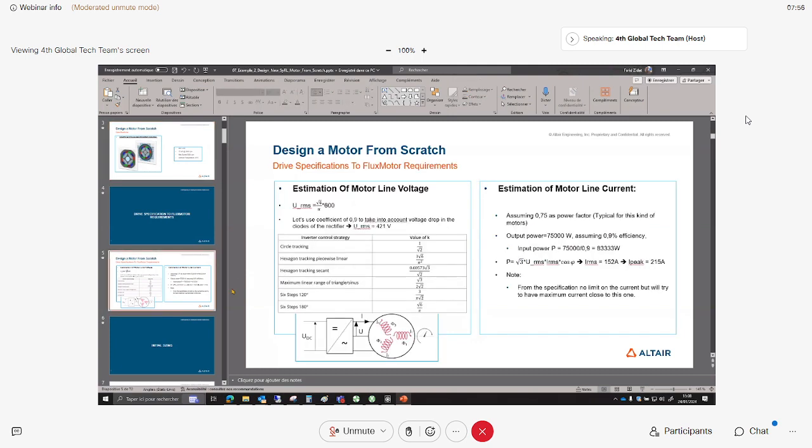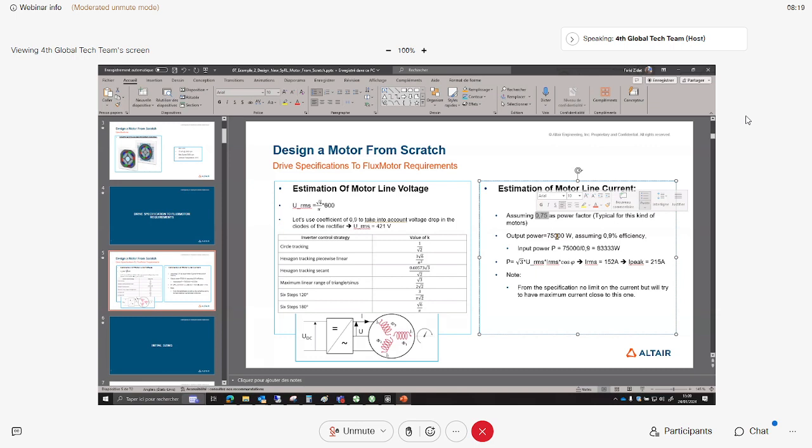If we suppose an efficiency of 0.9, which is largely possible for this machine, and if we choose a power factor of 0.75, this is something typical for this kind of machine.